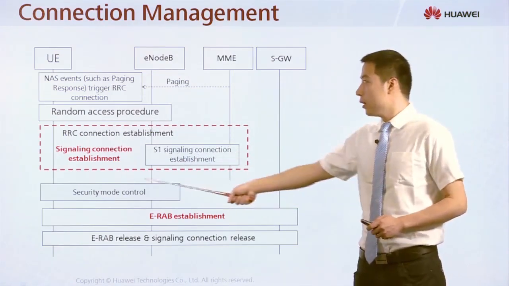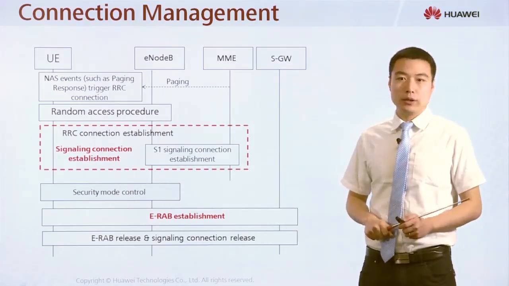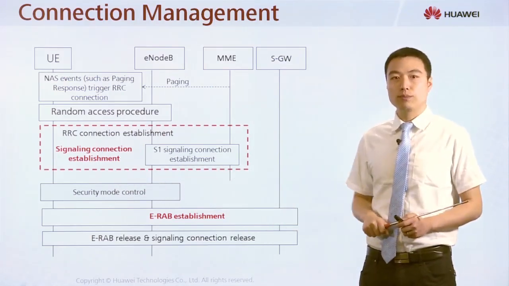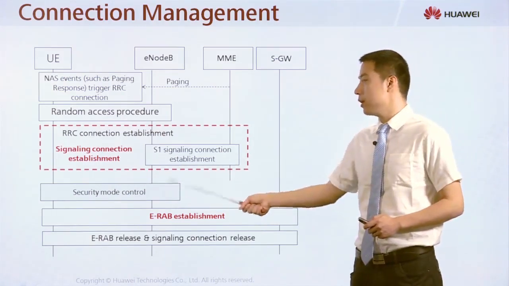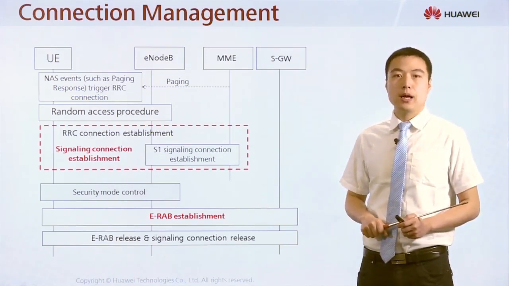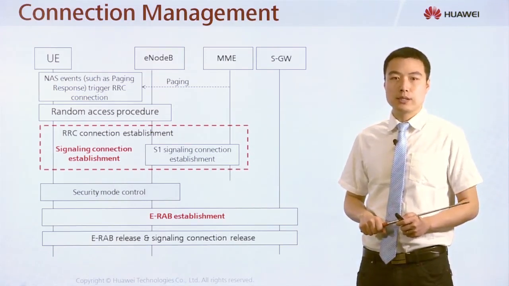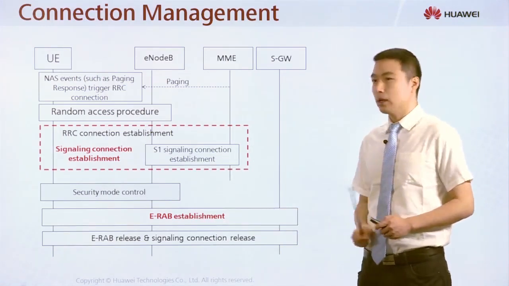After that, the UE and the core network will use NAS signaling to communicate. For example, they will start the authentication procedures and the security mode. After the authentication and the security mode succeed, they will set up the ERAB.